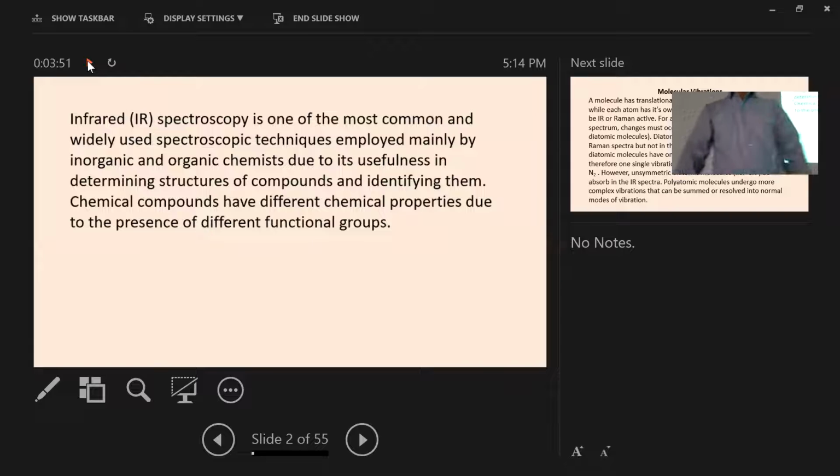In that case, you don't need the mass spectrum. So this is the technique from which we can analyze the molecular functional groups or molecular structure, so that we can identify any molecule. Okay.